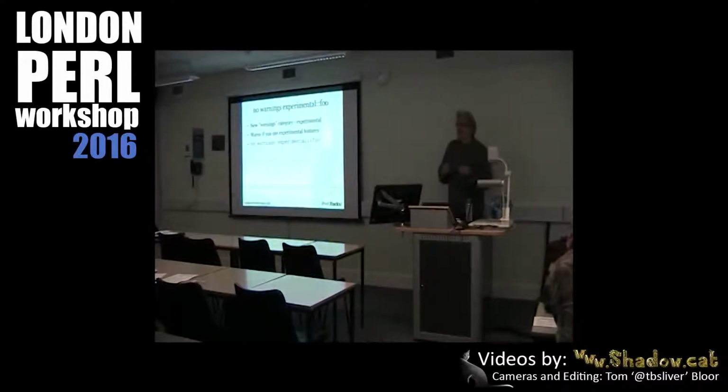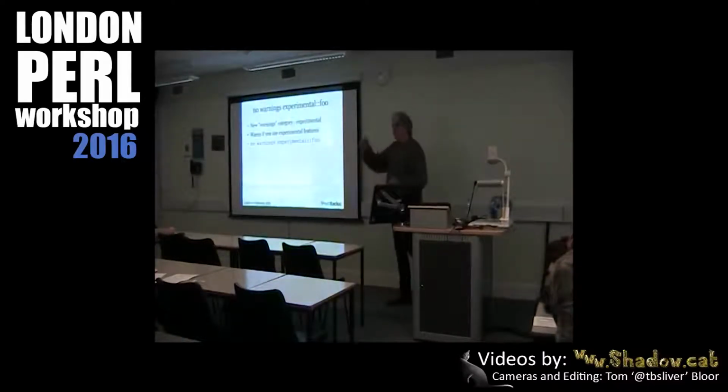So if you know you want to use an experimental feature, and you don't want your logs filling up with warnings, calling you an idiot for using an experimental feature, then you put no warnings 'experimental::' and then the name of the feature that you want to use.